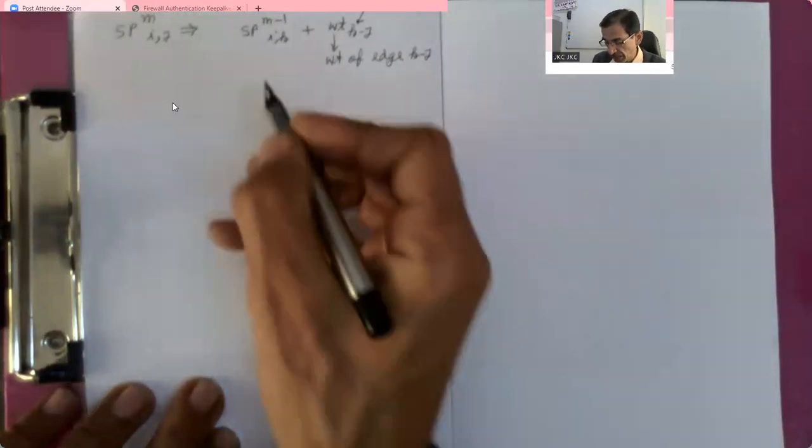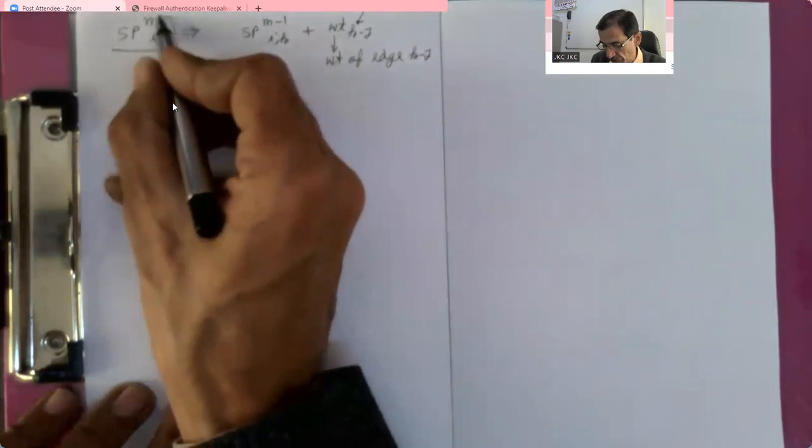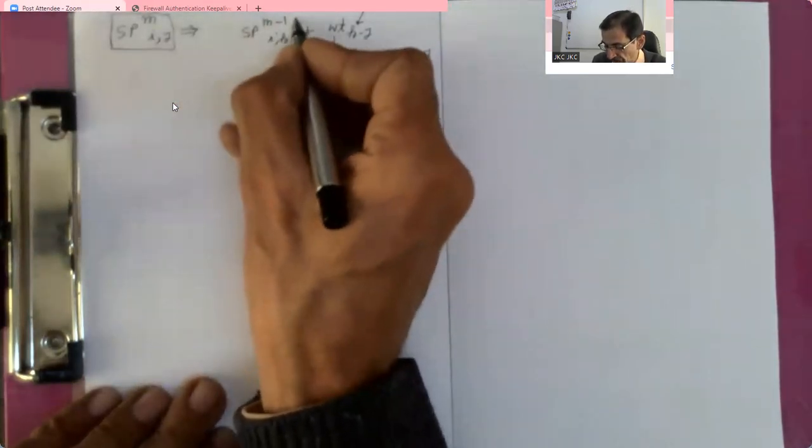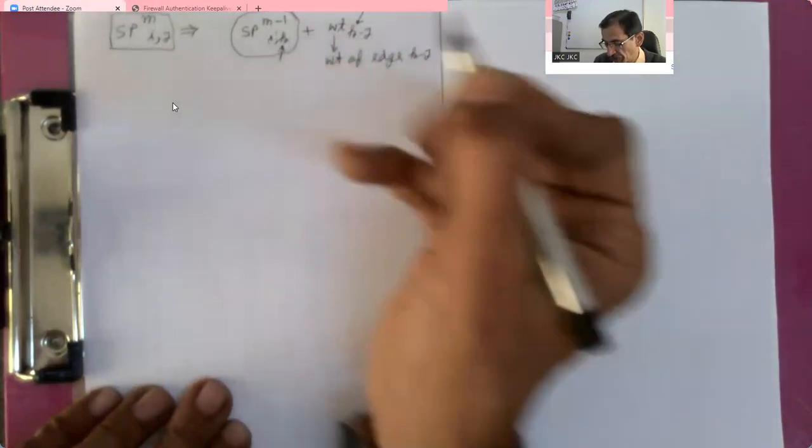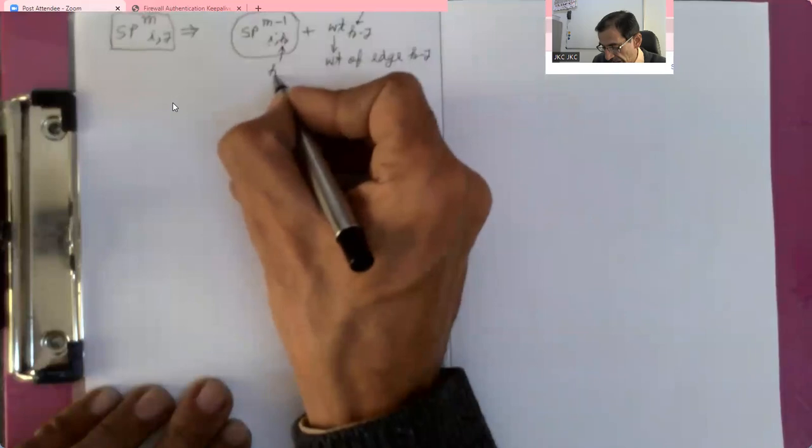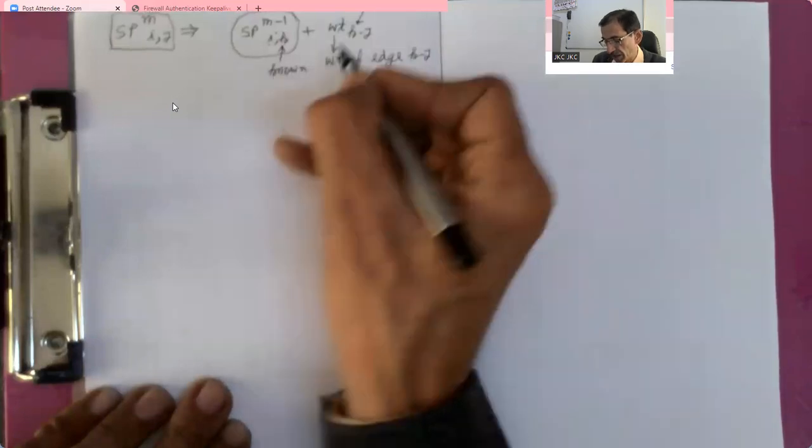I'll just repeat: SP of m, i, j is to be computed, where the sub-problem with m minus 1 edges will be solved for going from I to some k, which is known to me, and from there, the weight of kj.